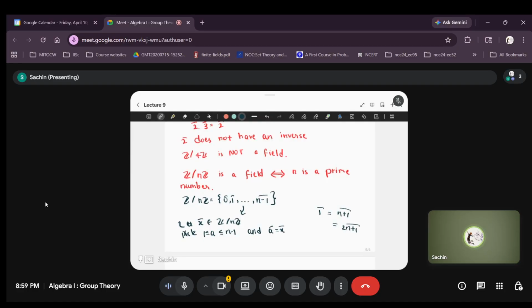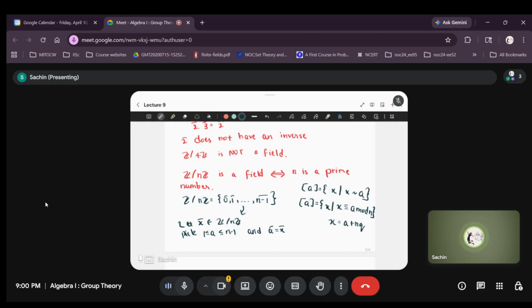So if you go back to relations, the equivalence class of an element is the set of all elements X such that X is related to A. But here in our case, the equivalence class of A is the set of all X such that X is related to A, meaning X is congruent to A modulo N. That is, X is equal to A plus NQ for some integer Q, right?